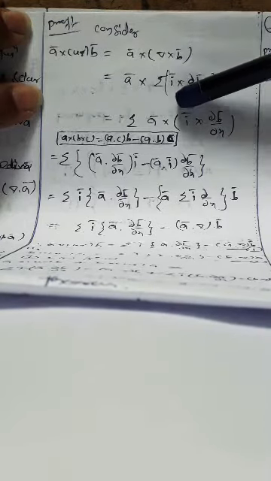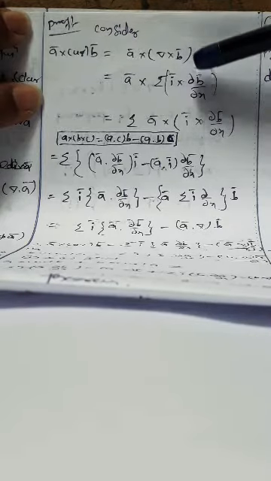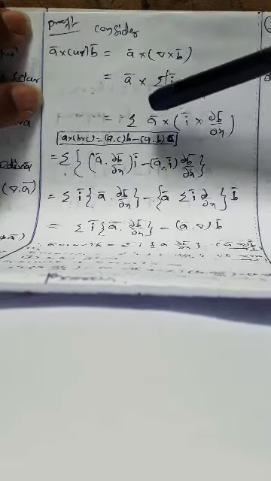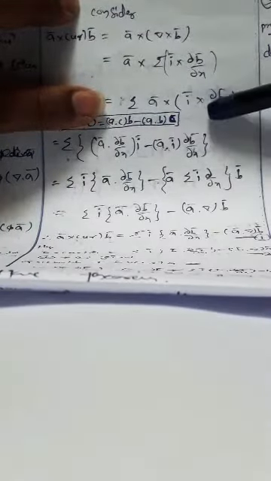That can be written in short form as summation i cross dou B by dou x. Taking summation outside, summation of A cross of i cross dou B by dou x.